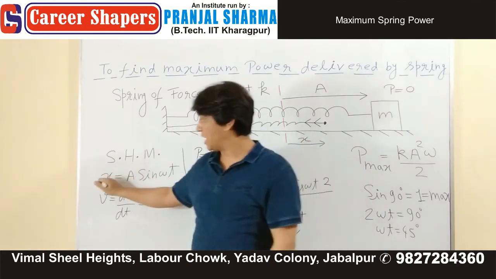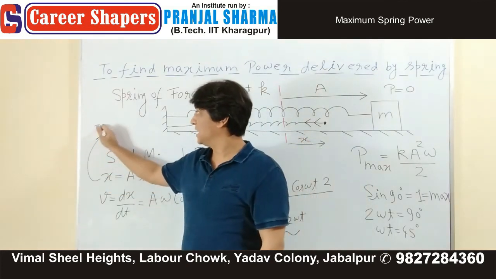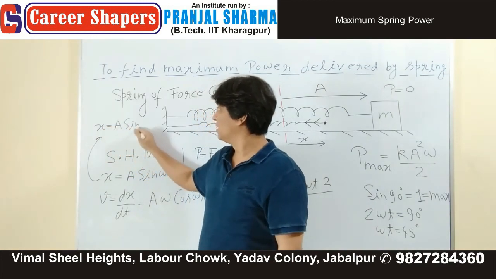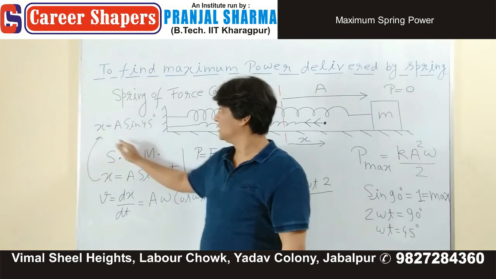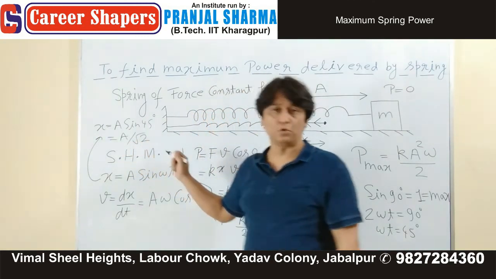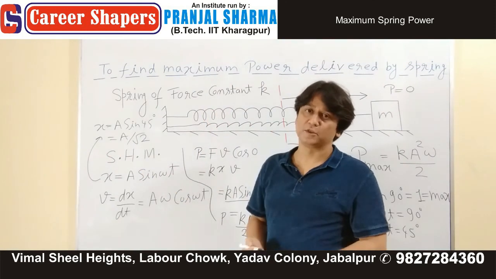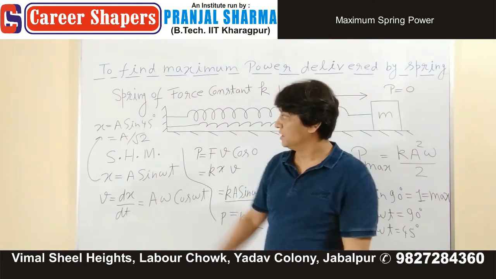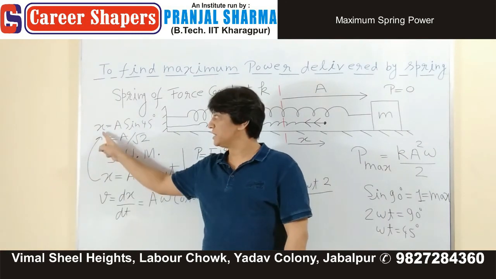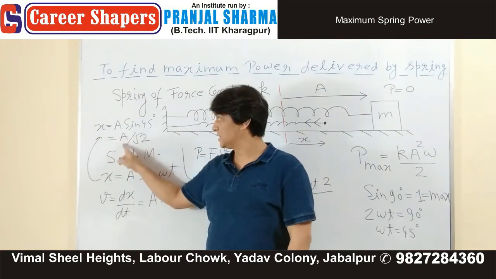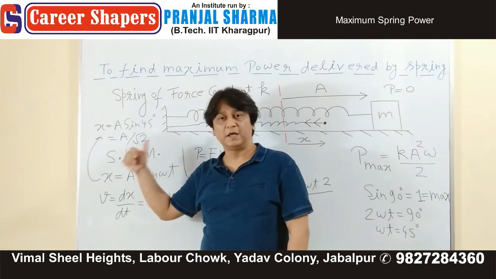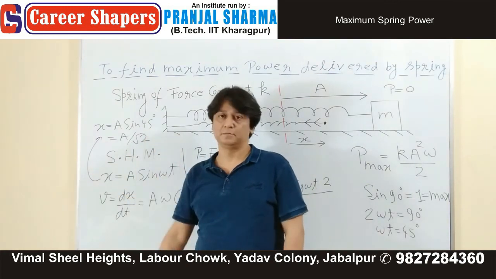So, we got the value of x as a sin 45 degrees, which is a divided by root 2, something which you saw in the previous method. This is not the maximum value of x. It is giving us what? When x is a by root 2, power is maximum.